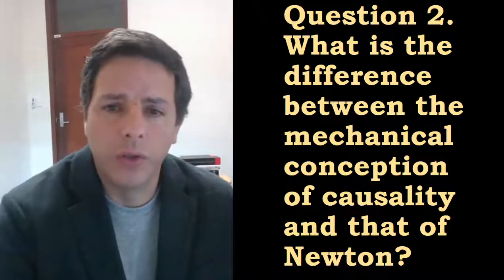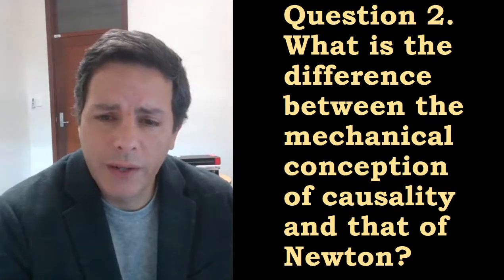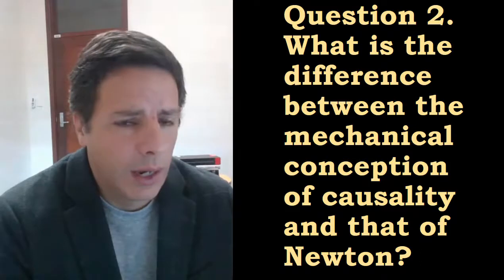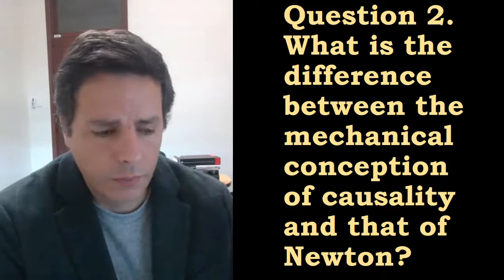Okay, question 2. What is the difference between the mechanical conception of causality and that of Newton? Okay, so here we have Descartes as an example of the mechanical conception of causality, and Newton.